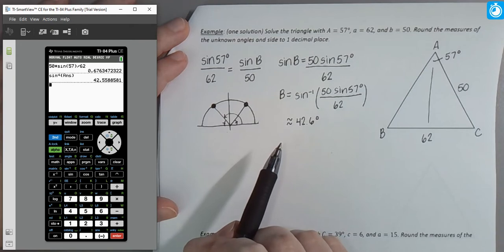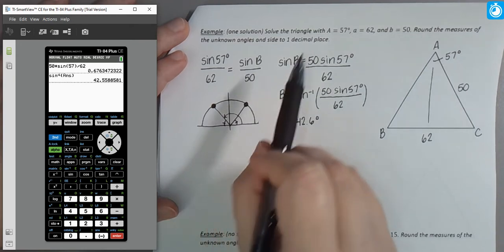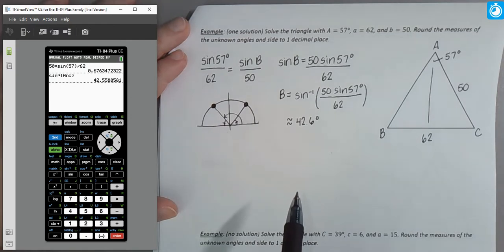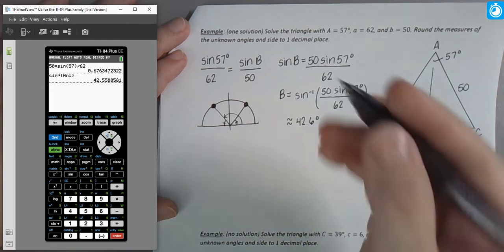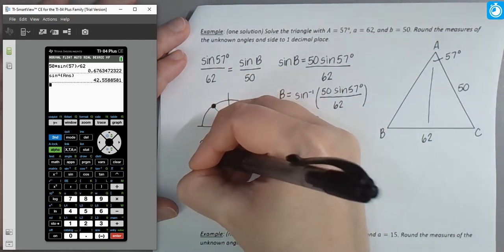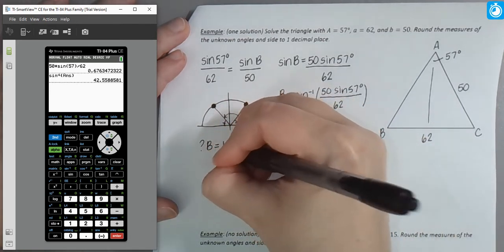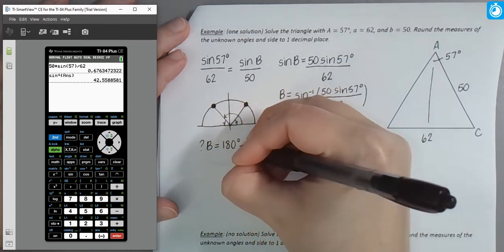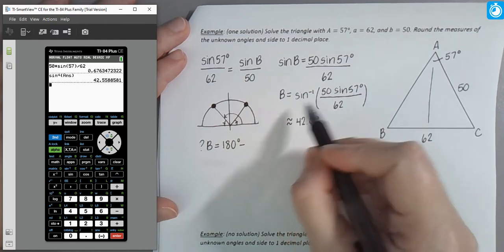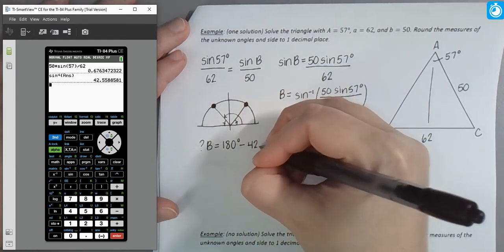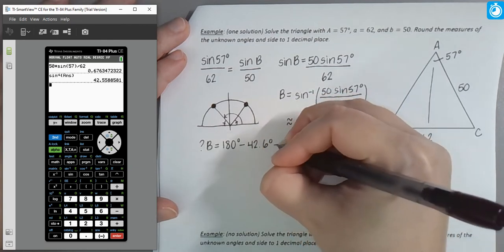Whatever that angle is, it has the same value for its sine, and will potentially represent another value for B that solves this problem because they have the same trig values. So another B, maybe B, is equal to 180 degrees minus this angle we just found from our inverse sine, which is 42.6 degrees.